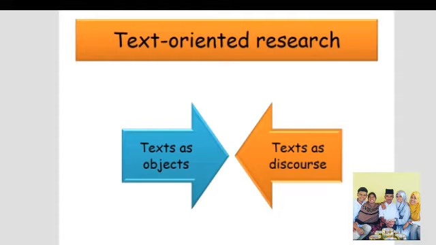Originating with the work of Elbow in 1998 and Murray in 1985 and others, this view encourages writers to find their own voices to produce writing that is fresh and spontaneous.